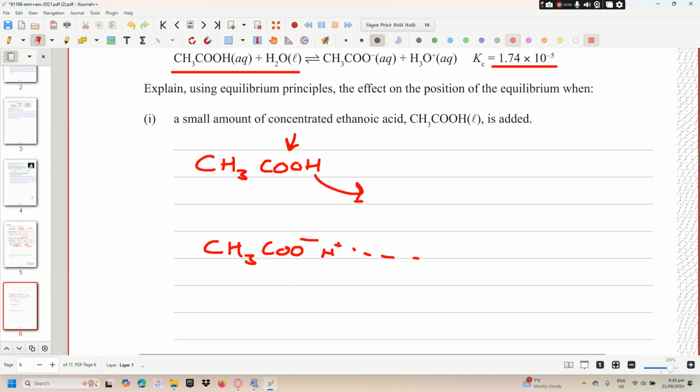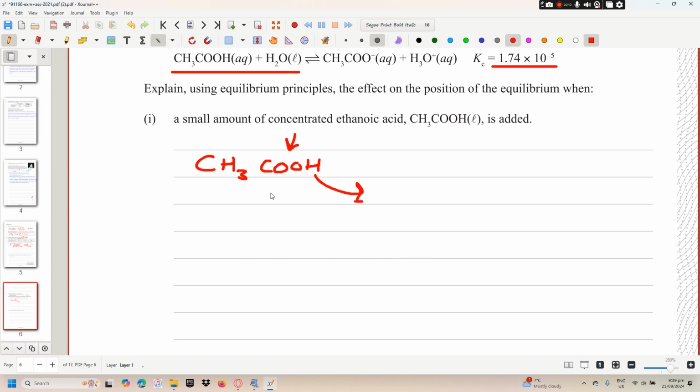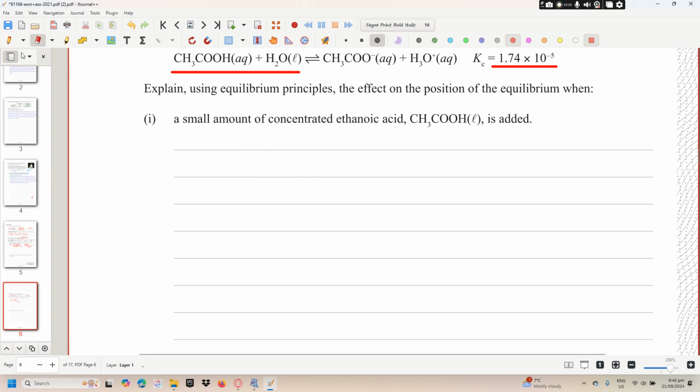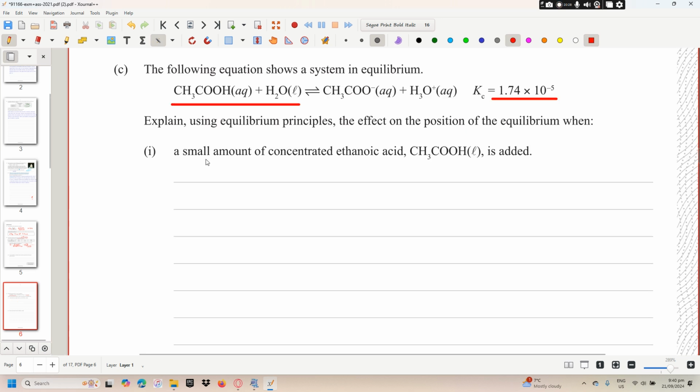Each individual molecule either fully dissociates or does nothing. But as a whole, only a small fraction of the ethanoic acid dissociates, and so the whole solution only partially dissociates. That's an important thing to distinguish.